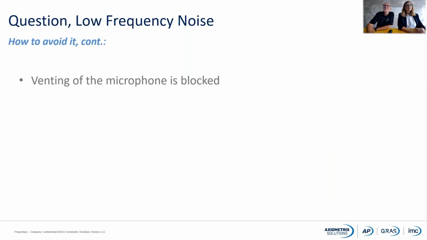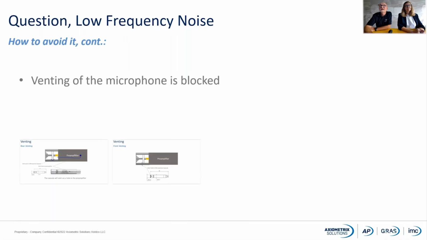Another thing is the venting. Have you plugged the venting hole? We actually have two venting systems. We have rear-vented microphones, where we have a little hole in the back of the microphone. It's very difficult to find and see, but there is a little hole, and then there's a smaller hole in the preamplifier, and via this hole the microphone is venting.